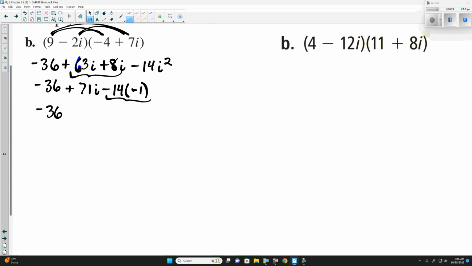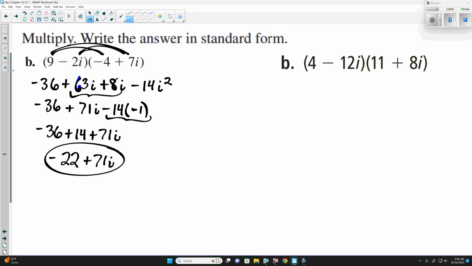Negative 14 times negative 1 is plus 14. I did move it over next to the negative 36, mainly because they are indeed like terms. Negative 36 plus 14 would be negative 22 plus 71i. Questions on this here?